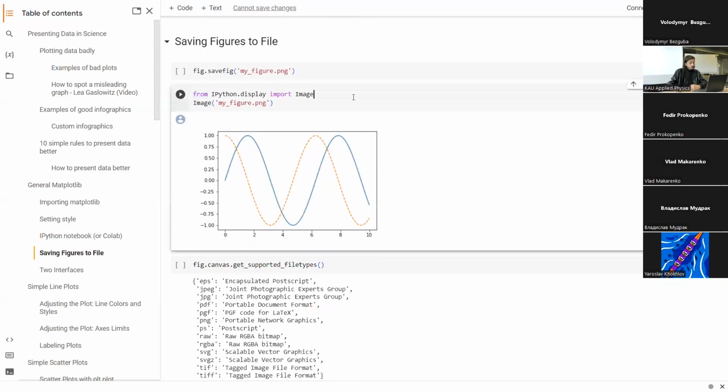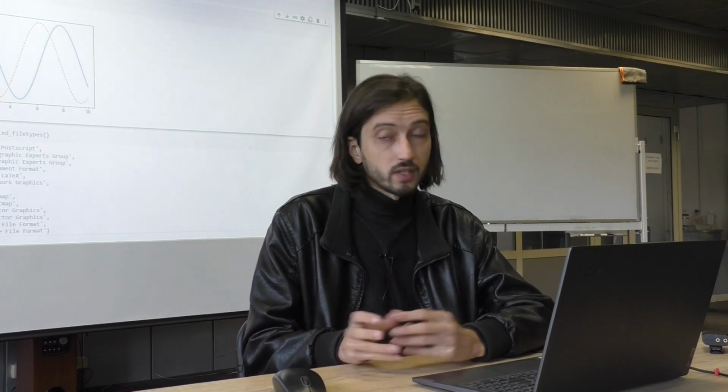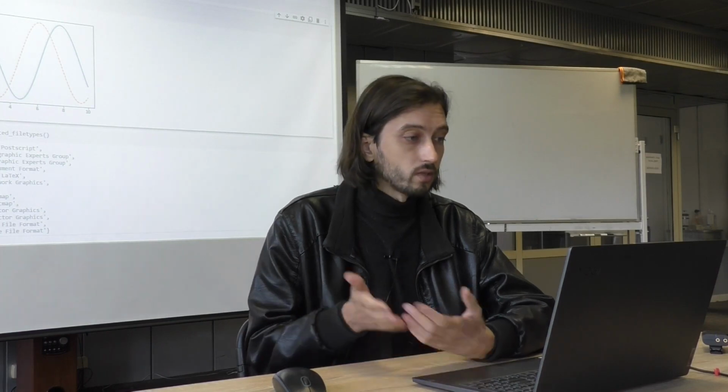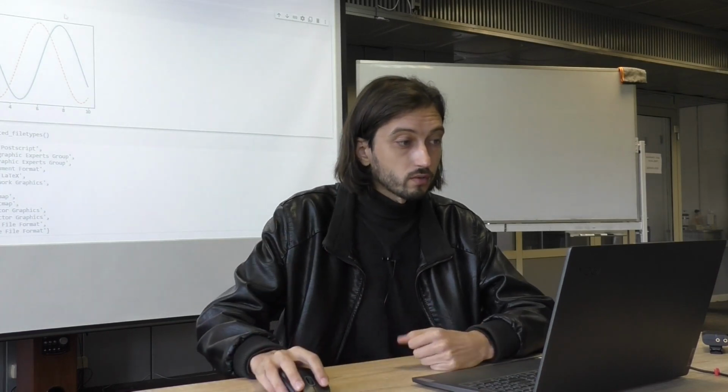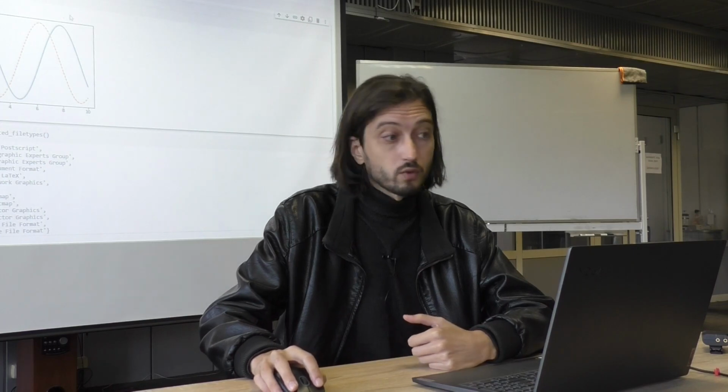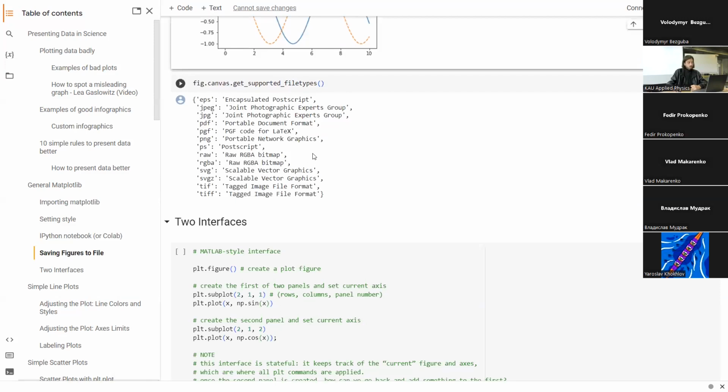You can save your plots in files. Really nice ability to have, because in most cases, of course, you will not only want to see those plots yourself, but you will want to show them to someone. So it's really nice to have them in the form of some sort of image. There are many file types you can use. So here is the list.